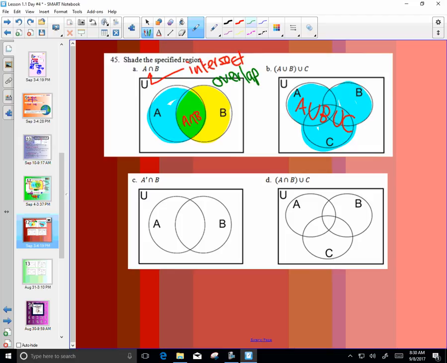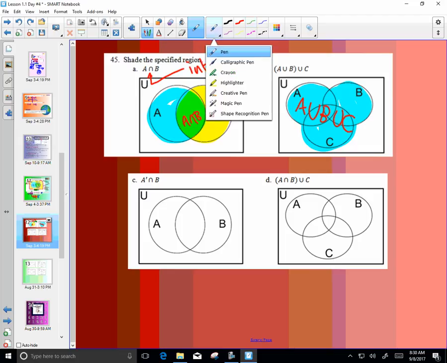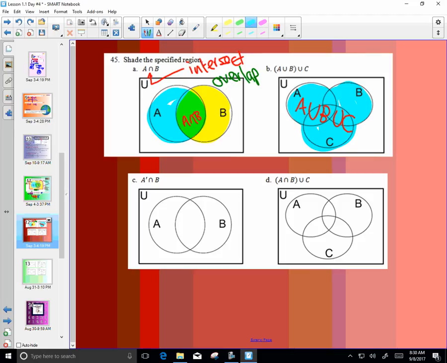All right, let's do not A. So here's A, not A. It's going to be all of this. I'm going to use blue. There's not A. Anything that isn't in A. Then intersect with B. So I'm going to use yellow.